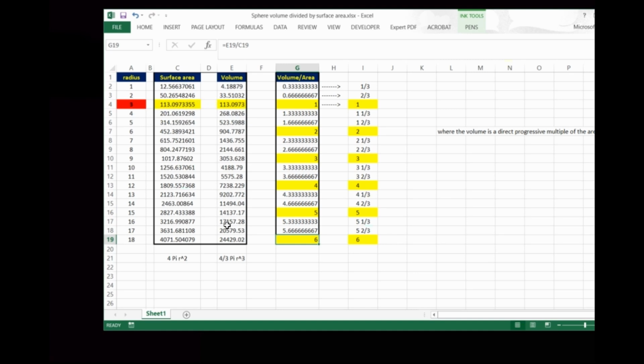Now to test for scale, I've done volume divided by surface area. So if it is 1, they're the same size. If it is 2, the volume is twice as big as the surface area. If it is 3, the volume is 3 times as big as the surface area.